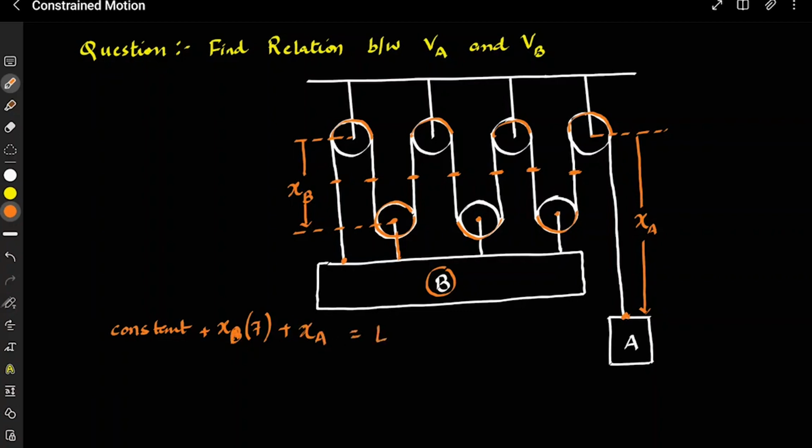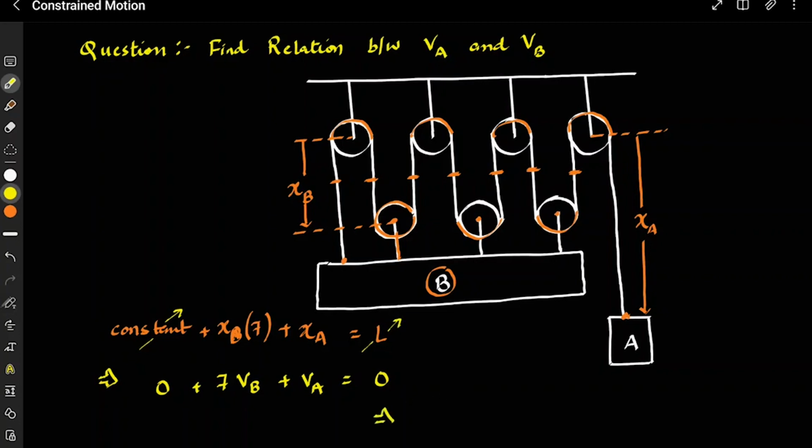This total length of the string I can write in terms of XB and XA. And now differentiating it gives me the result. So 0, because the differentiation of a constant is 0, plus 7 times velocity of B plus velocity of A will be equal to 0, because differentiation of again a constant is equal to 0.